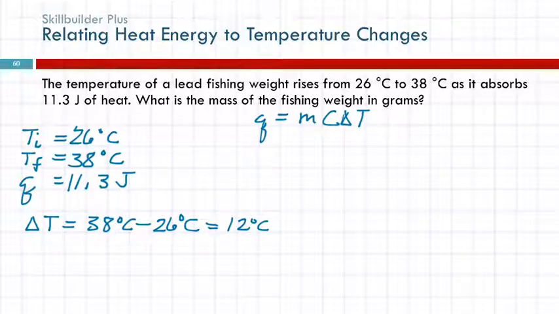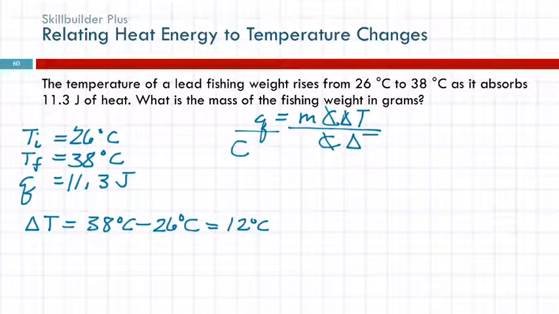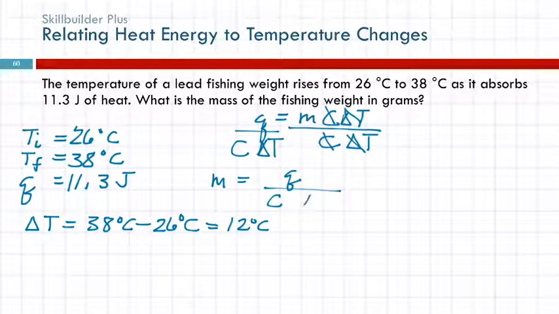I need the mass. So I'm going to have to rearrange this. If I want mass by itself, I'm going to divide both sides by C. C cancels. And I'm going to divide by delta T on both sides. And delta T cancels. So I get M is equal to Q over C times delta T.